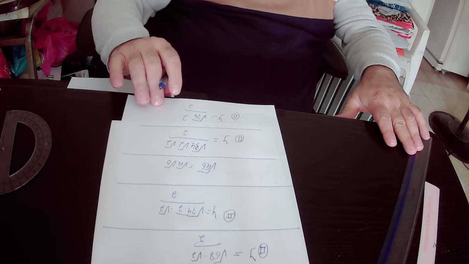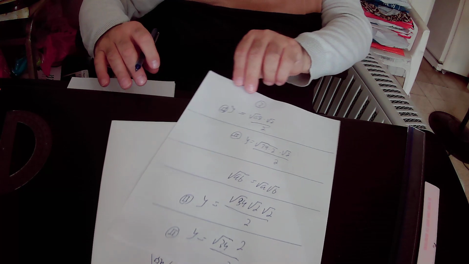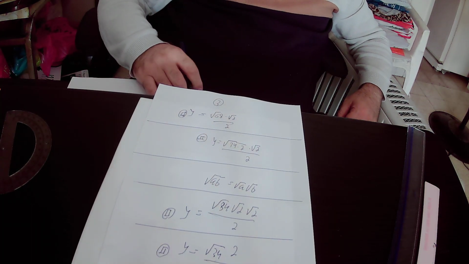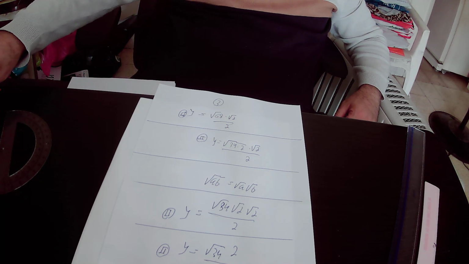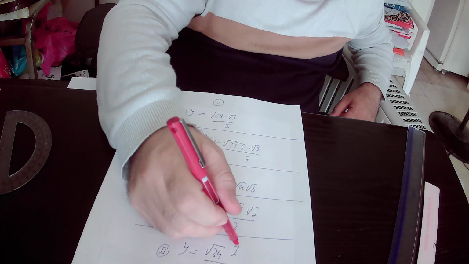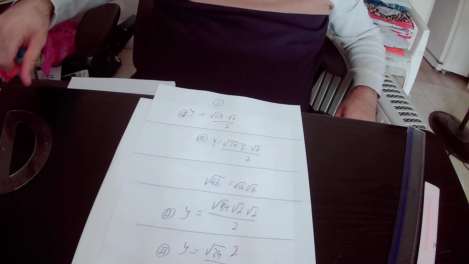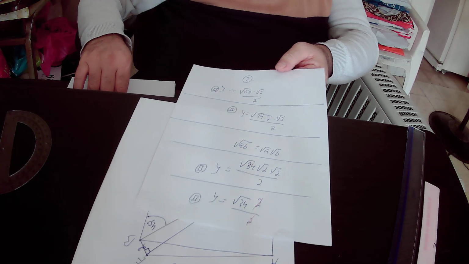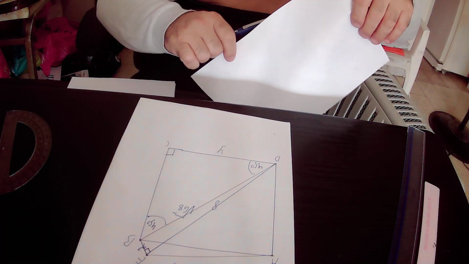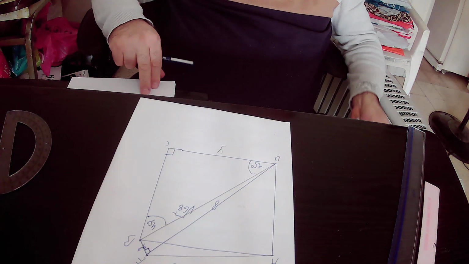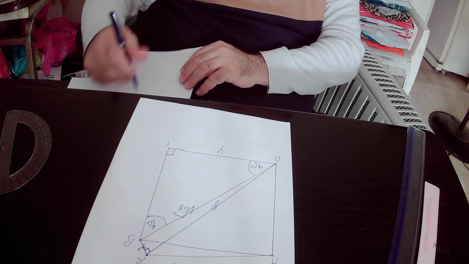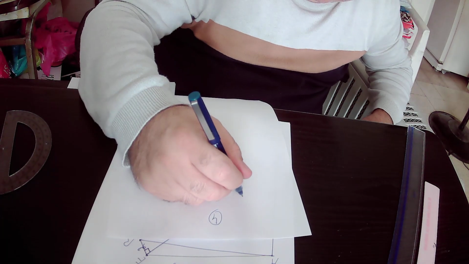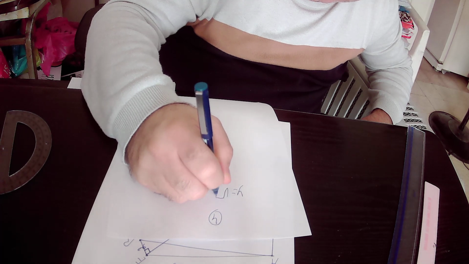So we found that according to equation number 2, y equals square root of 34 times 2 over 2. 2 over 2 is 1, so the 2 gets cancelled, and we found that y equals square root of 34.